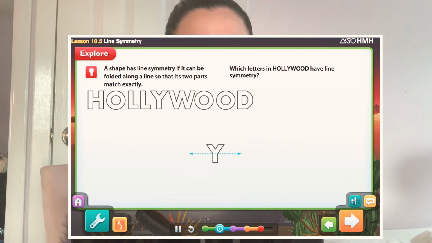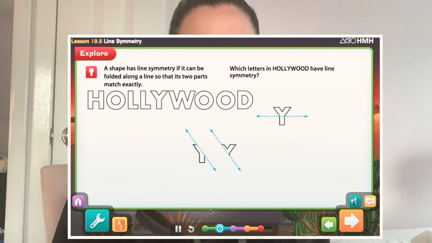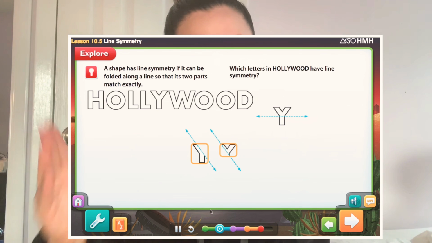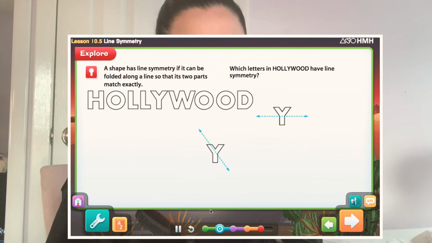Since both sides are not the same, they need to match exactly, that is not a line of symmetry. But you can always test different lines of symmetry. You can test them going horizontally, vertically, which is up and down, or even diagonally. As you see here with the diagonal line, it's not symmetrical, so that is also not a line of symmetry.